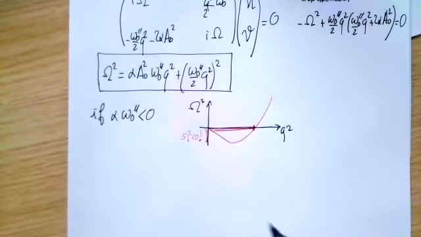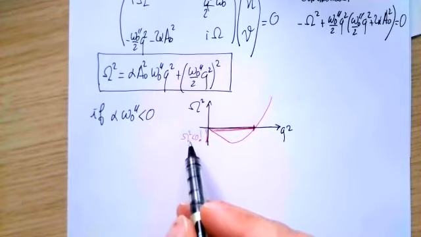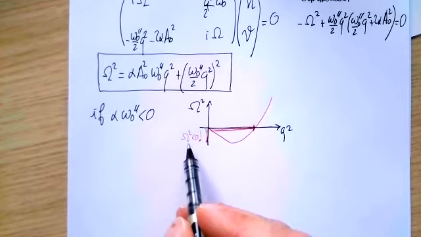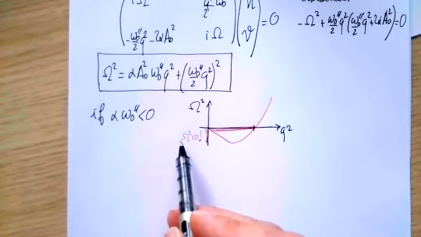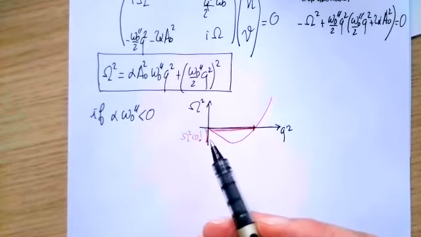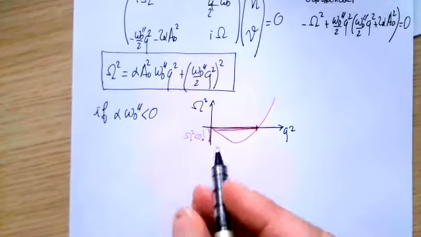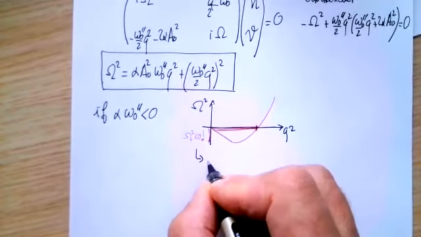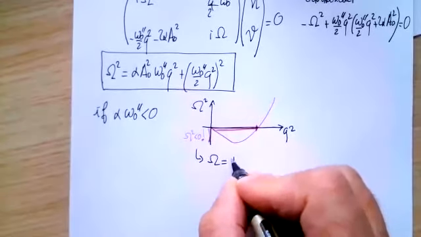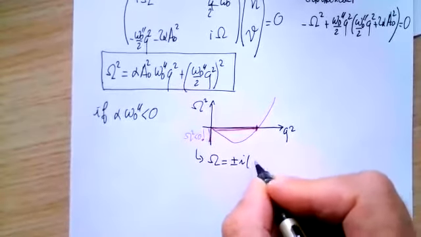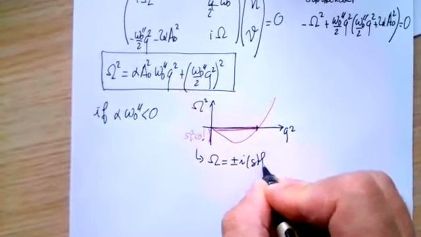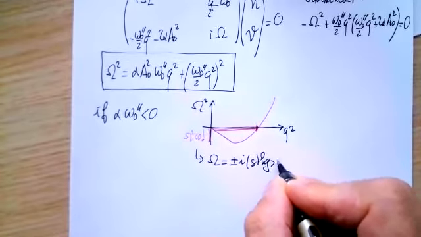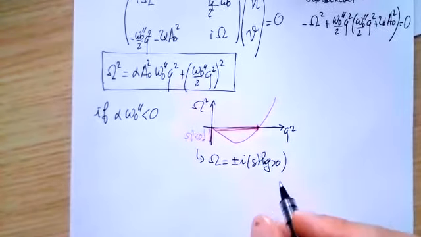And that's bad news, because if omega square is negative, it means that you can find omega, but it's imaginary. So here you have omega equals plus or minus i times something. And this something will be, say, positive. I put the plus or minus here.